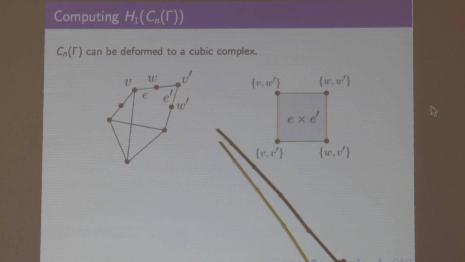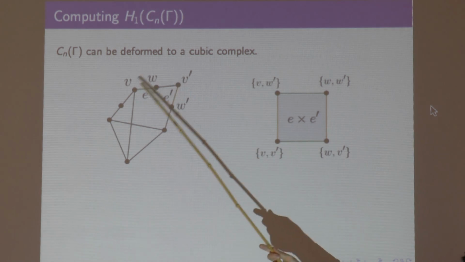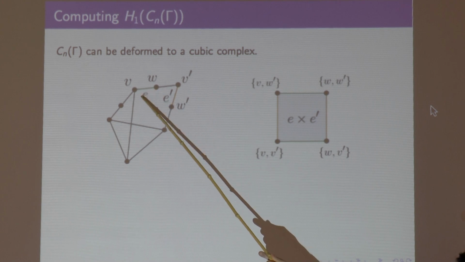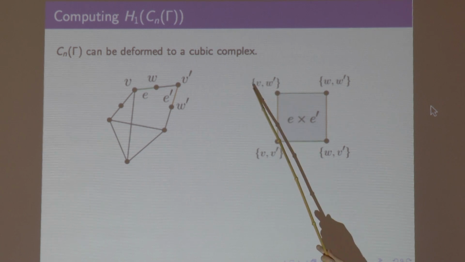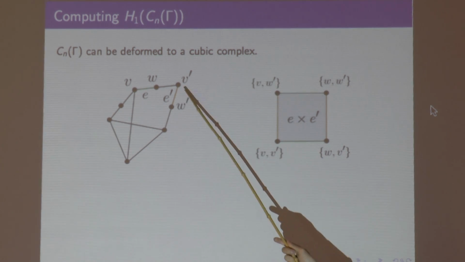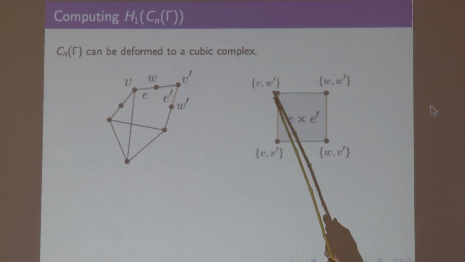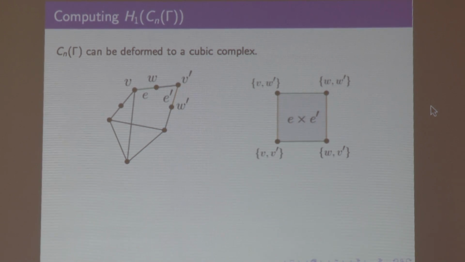For example, a cube in a complex on this graph will be this edge and this edge, the Cartesian product, and the vertices are just combinations of those vertices, which we consider as sets because we take the quotient by the permutation group. Another nice thing is that this complex is locally a Cartesian product, when you look at it only locally.